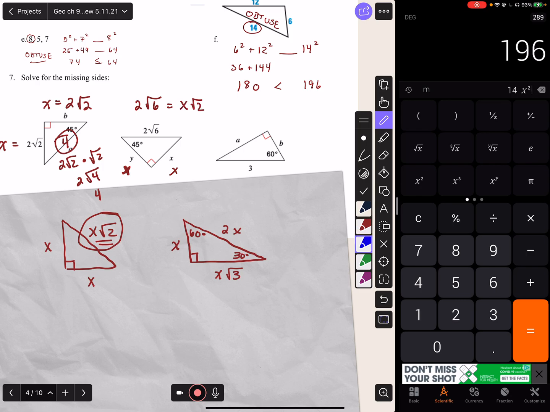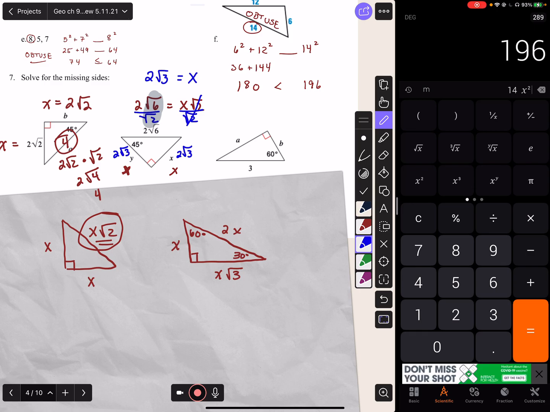To solve this, we're going to have to divide by root 2 to get the x alone. On the right-hand side, the root 2's cancel, leaving x. And on this other side, root 6 and root 2 are both under square roots, so we can simplify that. That's just 6 divided by 2, 3. It's root 3. So this is 2 root 3. And that, therefore, is how long each of your legs are. 2 root 3 is x, and the y is also 2 root 3.